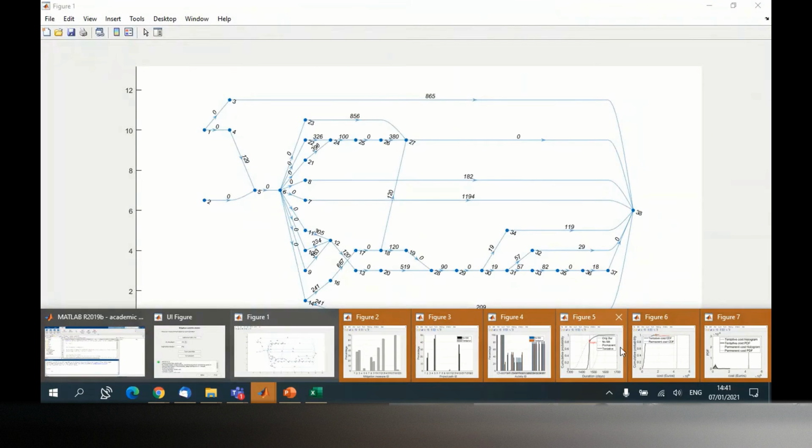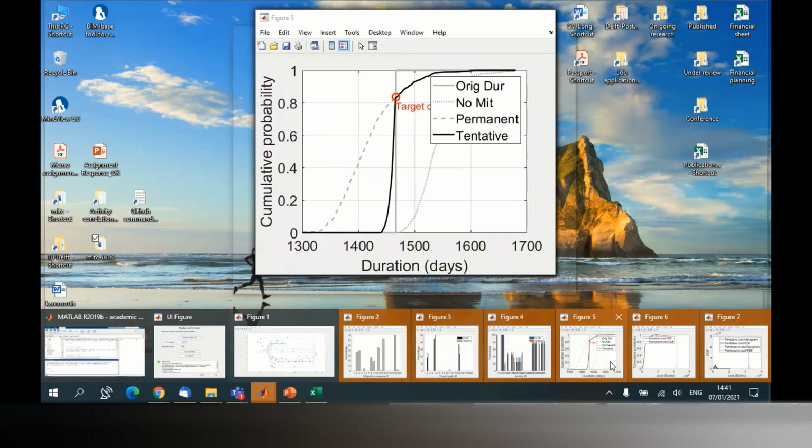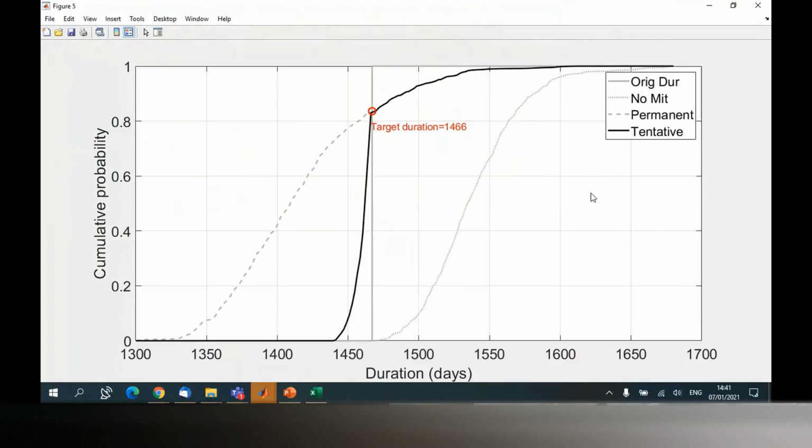So I show you this, then we can see this is the most important result. Back to the question from earlier, this is the S-curve of the mitigation. It gives you 3 different results, 3 different S-curves. What do I mean by S-curve here? This is the probability of completing your project at a specific time.